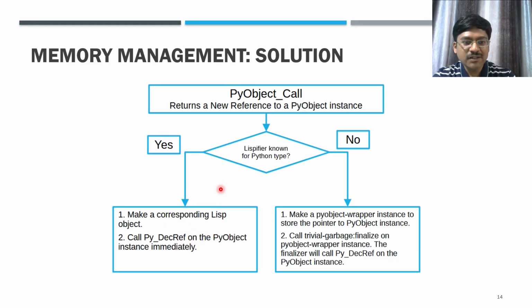So the PyObject is no longer needed, and Python GC can take care of it. If the correspondence is unknown, then we wrap the pointer in an instance of the PyObject wrapper. And we call trivial-garbage finalize on this instance. And in this finalizer we call py-decref on the PyObject instance.